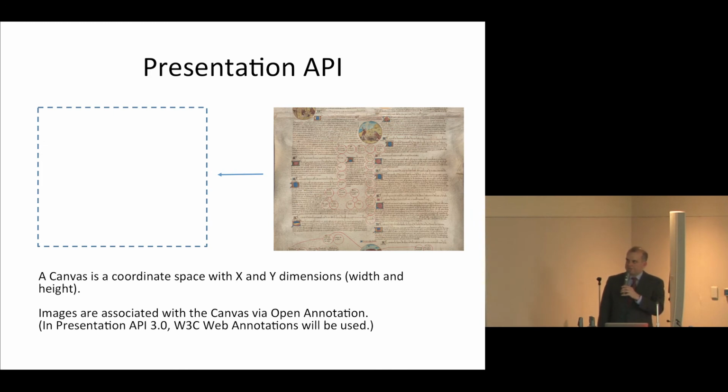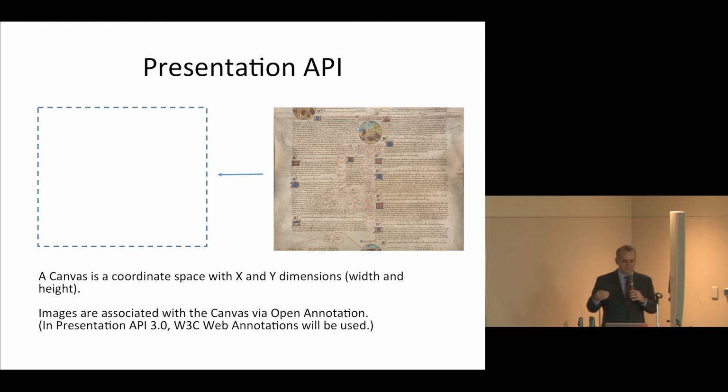Another central concept of the presentation API is that of the canvas. The canvas is a blank canvas or a blank area, and the images to be displayed in that particular canvas are associated with it via annotation. In the presentation API 2, we use the open annotation specification.